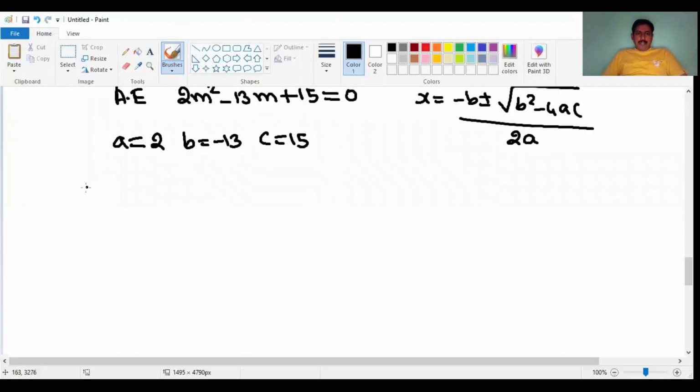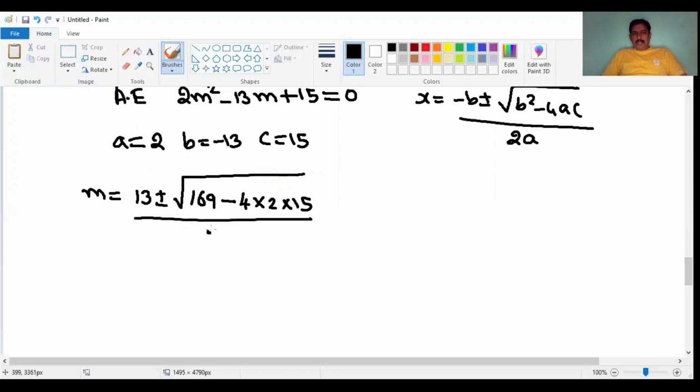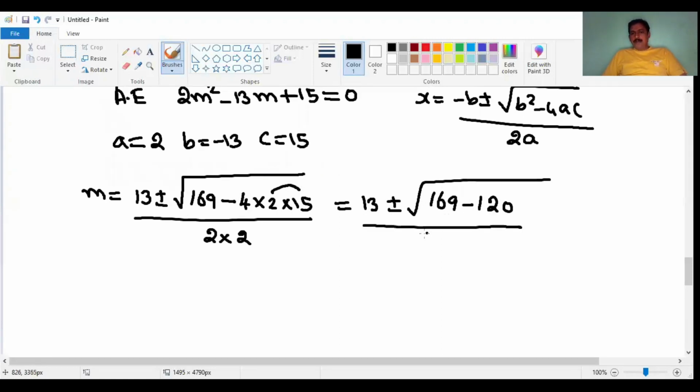Applying the formula, we will get m equal to minus of minus 13 plus or minus square root of (−13)², which is 169, minus 4ac, divided by 2 into a value, which is 2. So that is 13 plus or minus square root of 169 minus, if you multiply 2 into 15, that is 30, and 30 into 4 is 120, divided by 4.